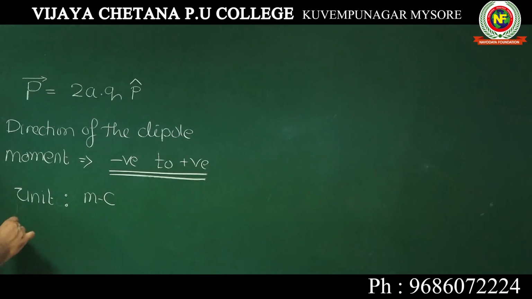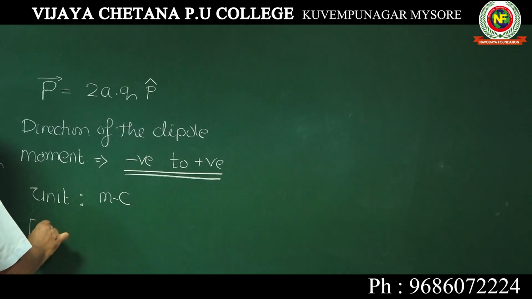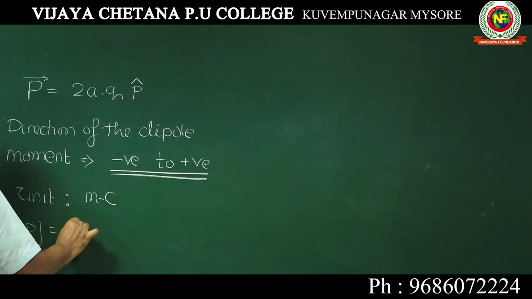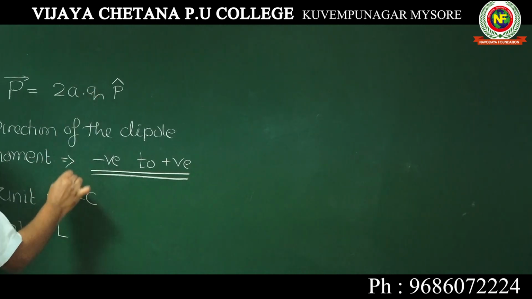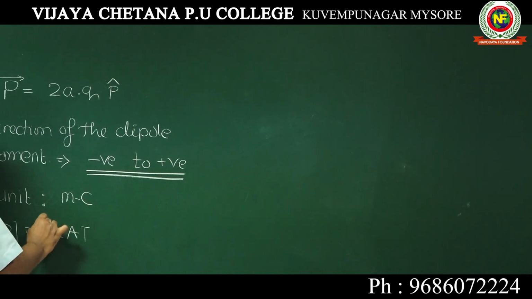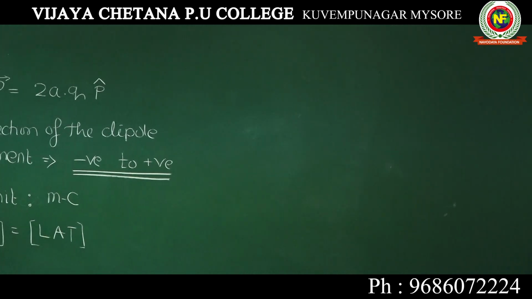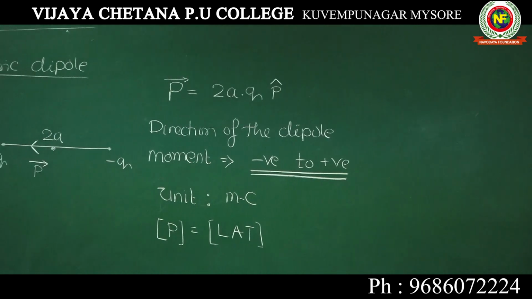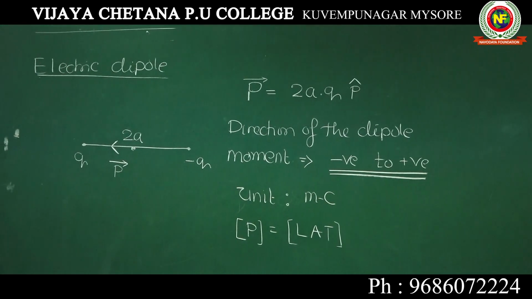What is its dimensional formula? Dimensional formula for dipole moment: 2a is a length term. Charge, for that we have written AT. There is no mass term. Therefore M^0 L A T, or simply you can write this as LAT. That is the dimensional formula for dipole moment.